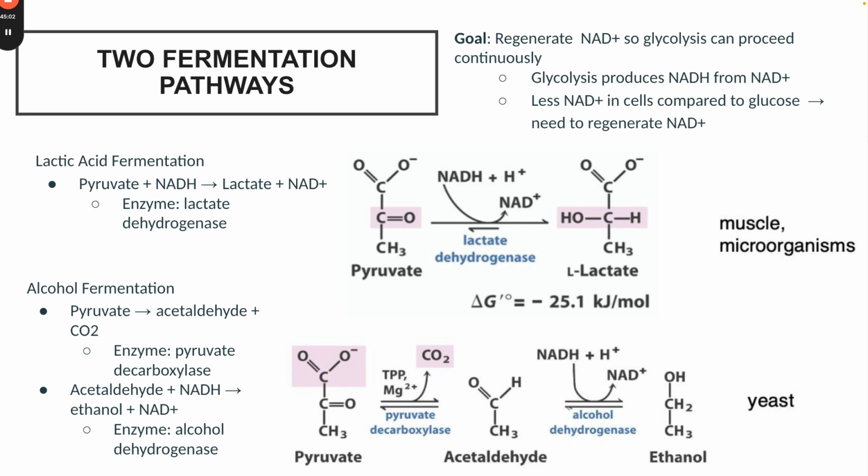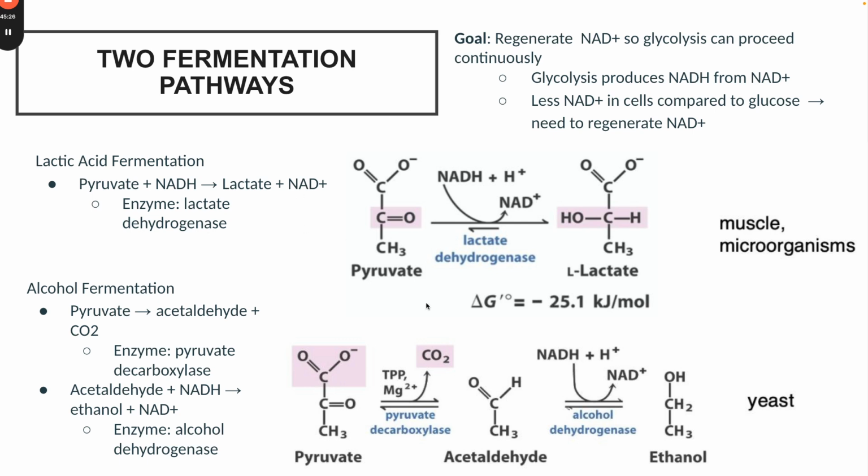The way we regenerate NAD+ is with lactic acid fermentation or alcohol fermentation. Lactic acid fermentation takes pyruvate plus NADH and makes lactate and NAD+. The enzyme is lactate dehydrogenase. Dehydrogenase, think NAD again.